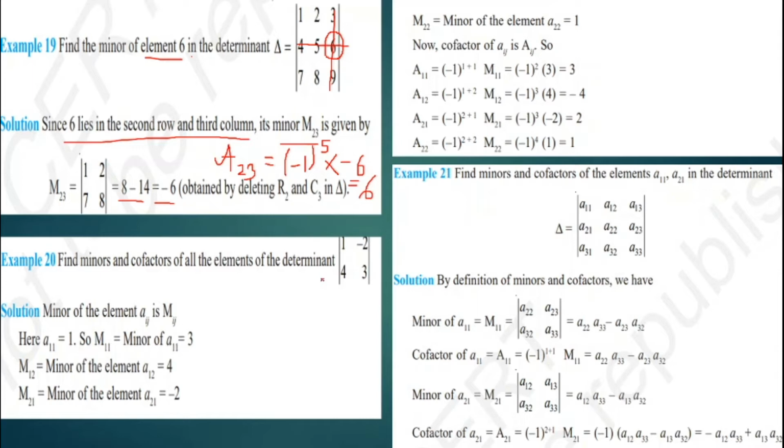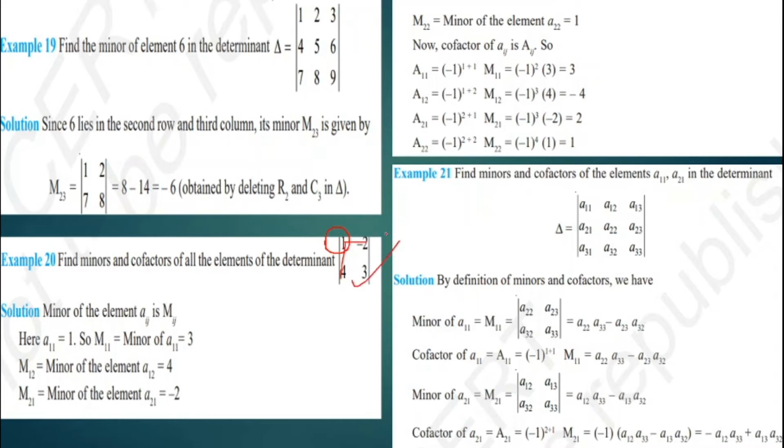1, minus 2, 4, 3. So let's start. Minor as well as cofactor we are supposed to find. So A11, what is a11? 1. So for the minor of a11, delete the first row, first column.